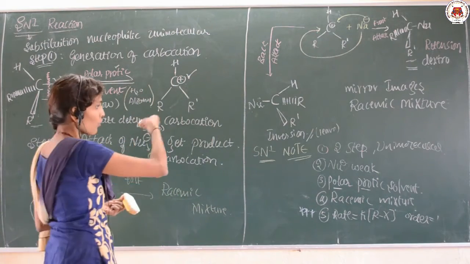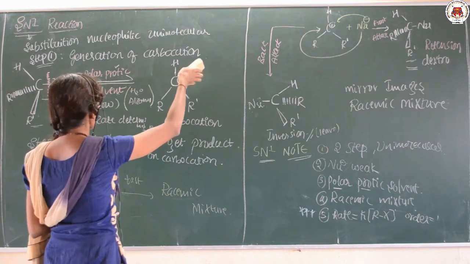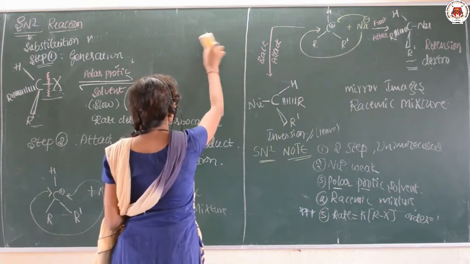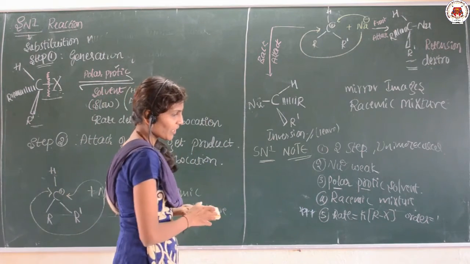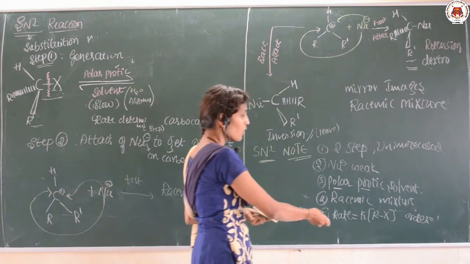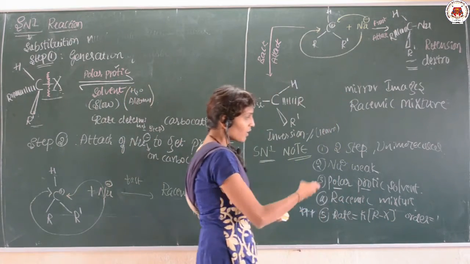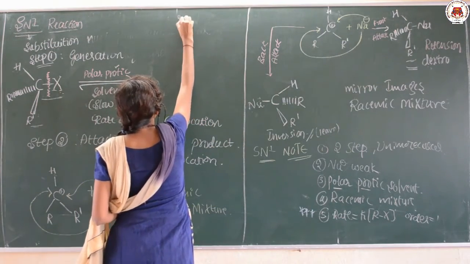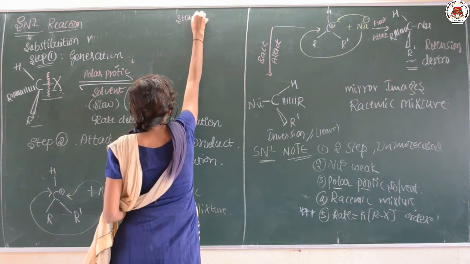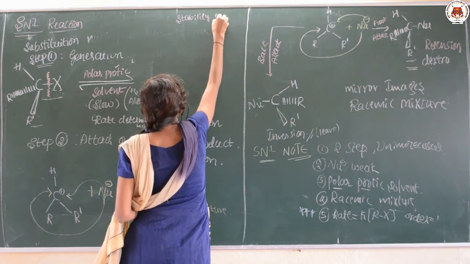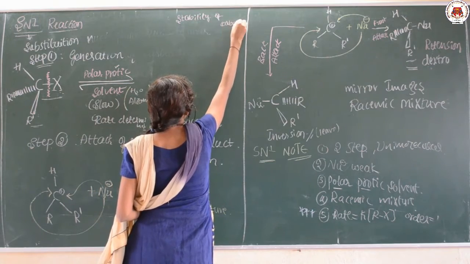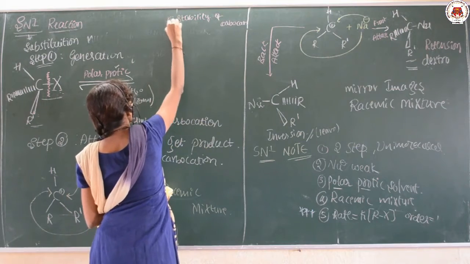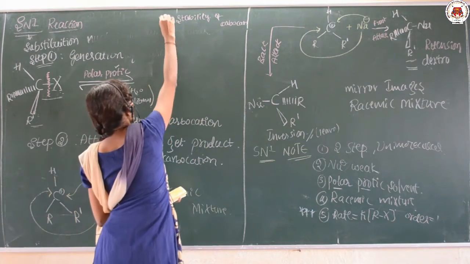A few more points I want to add here. For the rate determining step, rate equals K into RX, that is haloalkane, and the order is 1. And one more point is regarding stability of the carbocation. This is the sixth point, and it is also important.